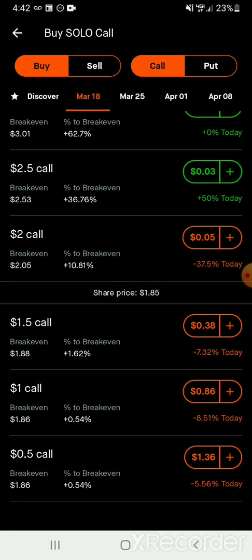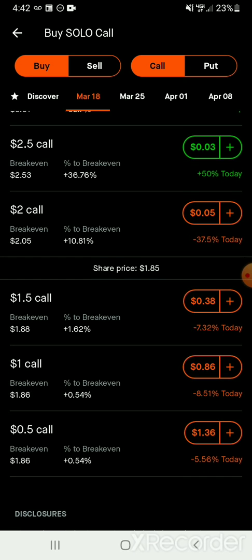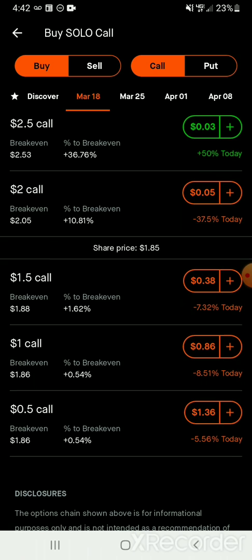But if I wait until March 18th and I let this option expire, then it expires worthless and I lose my money. Let's say the stock goes down and I can't sell this option for a profit, and in fact, I can't even sell it for a loss because no one wants to buy it on the day it expires when it's not worth anything.